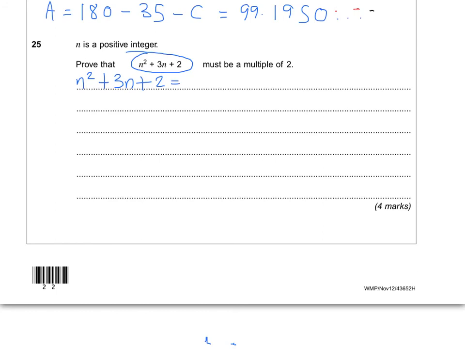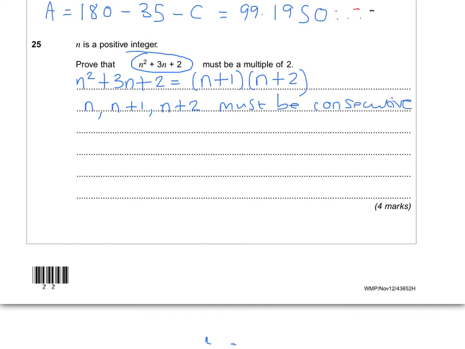So if we factorise this, we can write it in the form (n plus 1)(n plus 2). Now, if n is any positive integer, n plus 1 and n plus 2 must be consecutive numbers.